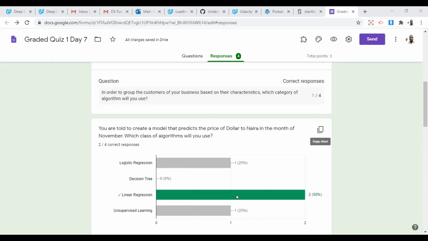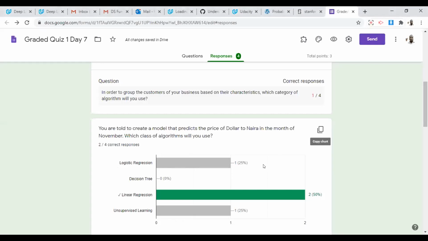So the correct answer is linear regression, as he rightly explained during the class. With linear regression, you can estimate a continuous output. So price, for instance, is continuous. It's not like having a fixed number of categories. So you can have today a price of, say, 50 naira, tomorrow a price of 100 naira, the day after a price of 200. So it's limitless.